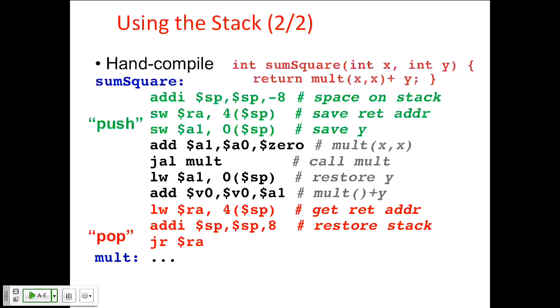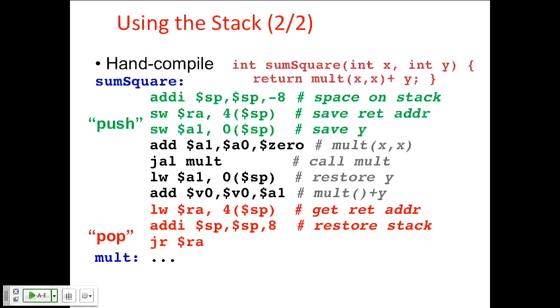Because at this point, I don't actually know where it's going to be in memory. So I just have a symbol saying, when you're all done compiling and linking, this jump and link should go to wherever this multiply routine ends up in memory. And in the assembler, which is this human readable form of the machine code, you can just use these symbols. I just say multiply colon means, assign to this symbol multiply the address of wherever this instruction ends up in memory.